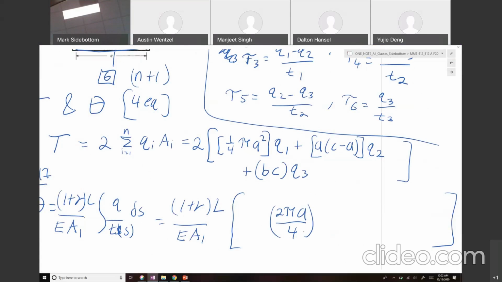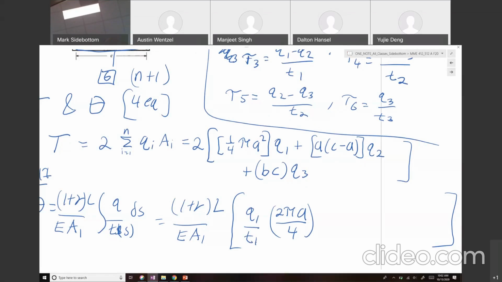The shear flow over that part of the cell is just equal to Q1, and the thickness over that part of the cell is equal to T1. So that's for the first part of the cell.